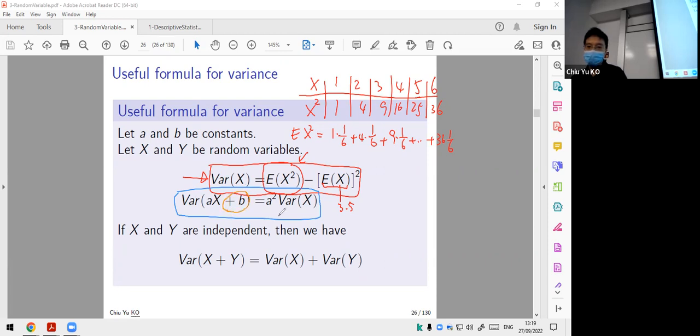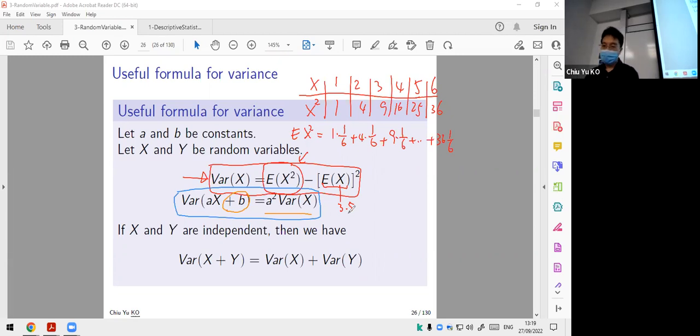And b appears nowhere in the formula. The reason is that variance is measuring how the data spread compared to the mean, right? And if every data point is moved to the right by the same magnitude, where b can also be negative, it shouldn't affect the variance, right? Because they all move in the same direction. So that's why there is nothing in the variance.